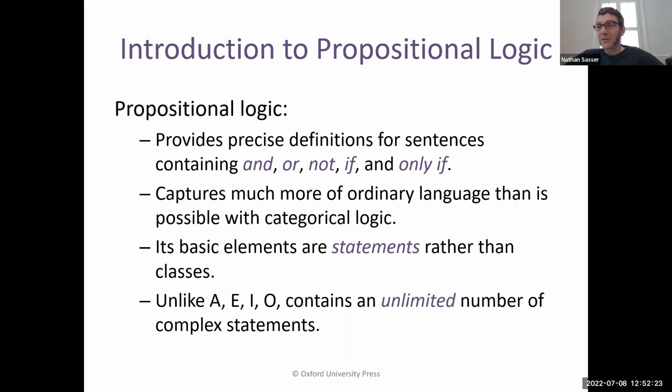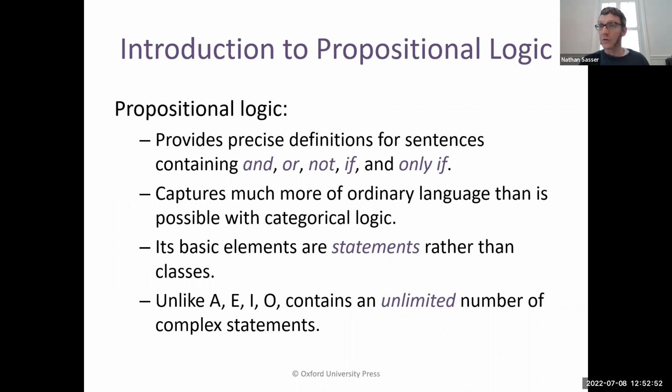So instead of the basic building block being dogs, the basic fundamental building block is going to be a simple statement, such as the dog ran, or dogs smell bad, or whatever you want. But it's going to be a complete sentence, as it were. That is a proposition. That's why it's propositional logic, because the basic building blocks are propositions.